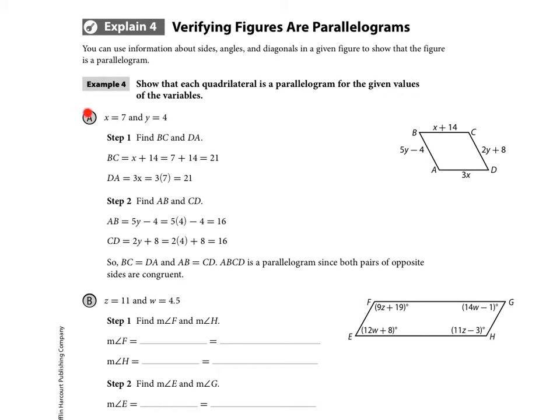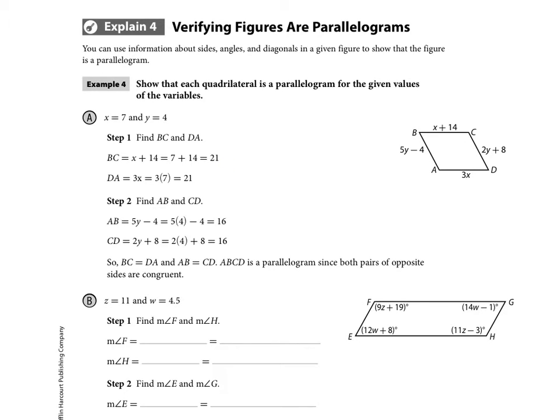In part A here, we're given that x equals 7 and y equals 4. You can see that x has to do with sides BC over here and AD over here on the right, okay? So when we substitute that x value of 7 in, we get 7 plus 14, and we get 21 for BC.